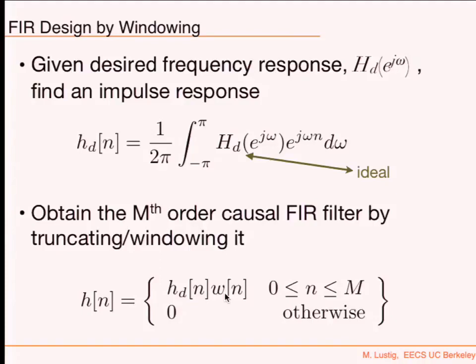Sounds reasonable, right? But what are the implications of cropping it? We kind of went over this. Remember when we talked about frequency analysis: when we crop a signal, just part of it, what are the implications to the frequency domain? You convolve with something. It depends on how you crop, because we're going to window.